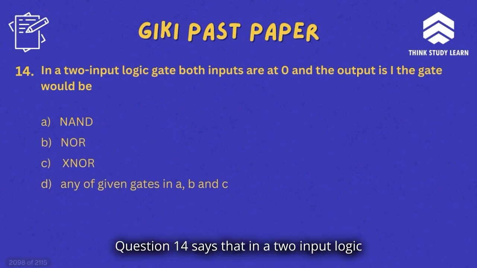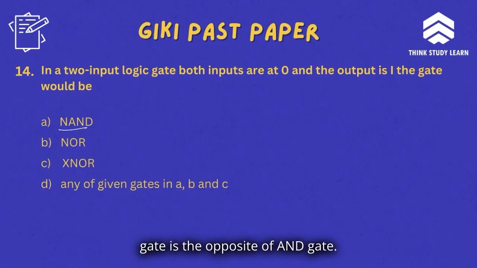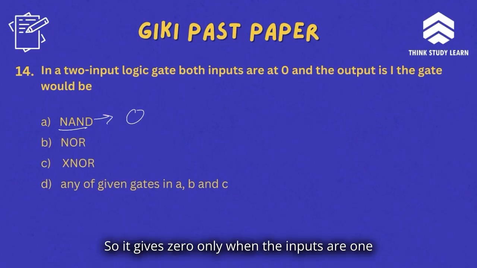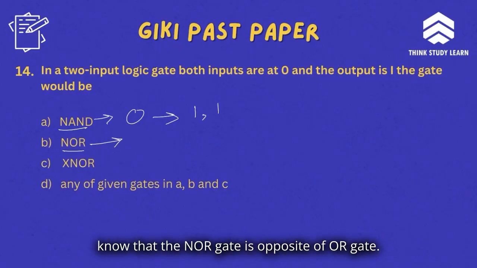Question 14 says that in a two input logic gate, both inputs are at 0 and the output is 1. The gate would be, we know that a NAND gate is the opposite of AND gate. So it gives 0 only when the inputs are 1 and 1. And if we talk about the NOR gate, we know that the NOR gate is the opposite of OR gate.